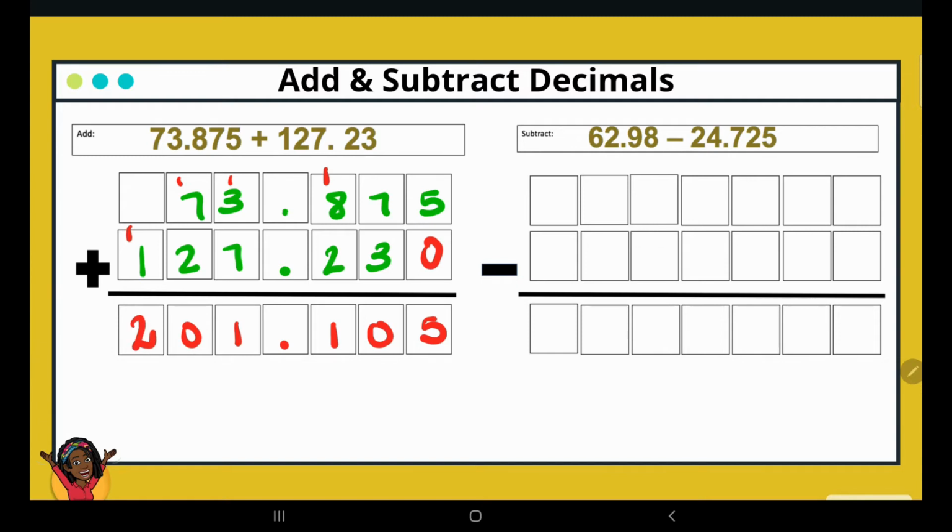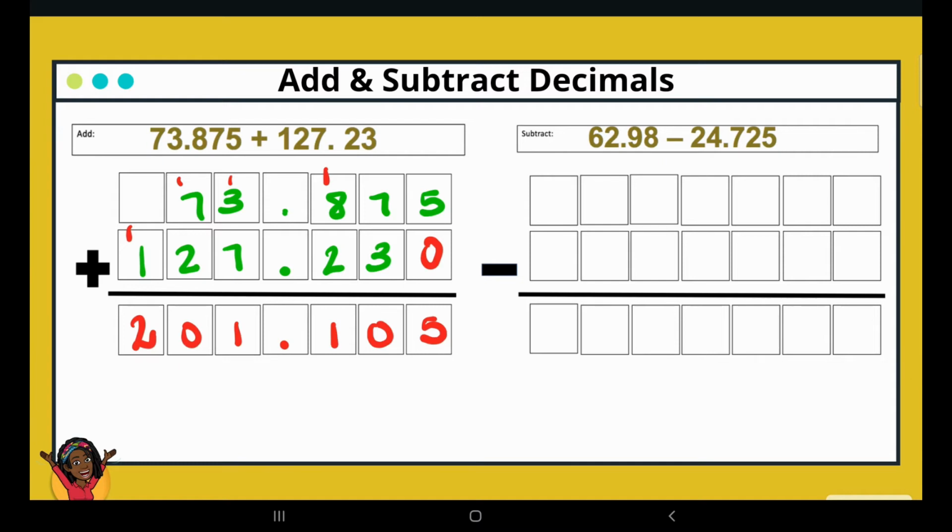Now, when I look at subtraction, it's the exact same process. The only difference is that instead of adding, I am going to subtract. So here in my first number, I have 4 digits, and in my second number, I have 5 digits. Now let's look behind the decimal place. So here we have 3 numbers behind and 2 numbers in front. Now when we subtract, the order does matter, so we can't just flip the numbers around.